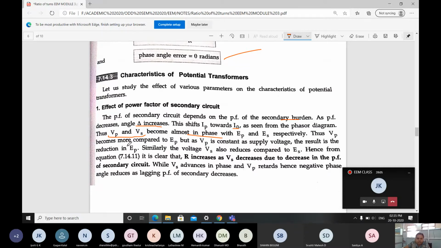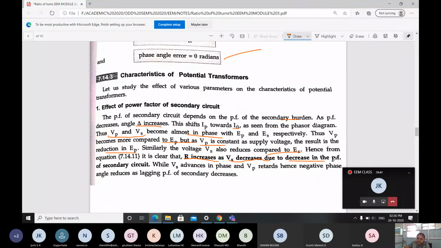Thus VP becomes more compared to EP, but as VP, the supply voltage, is constant, the result is a reduction in the EMF of the primary. Similarly, the voltage VS also reduces compared to ES. Hence, R increases as VS decreases. Observe here, the actual ratio increases as VS decreases.